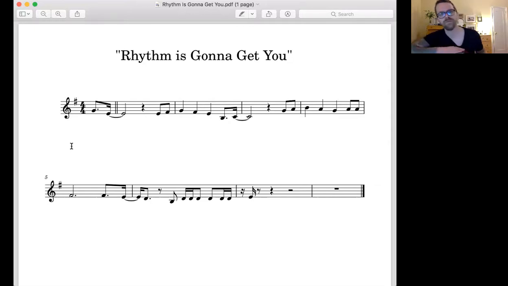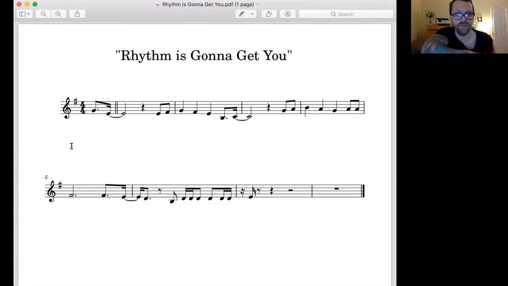So 1, 2, 3, 3, 1. 1, 2, 3, 2, 1, 5, 6. Right? That's how it starts. And that part is tricky there, as I said. 5, 6. And 3, 4, 5 is the next gesture there.